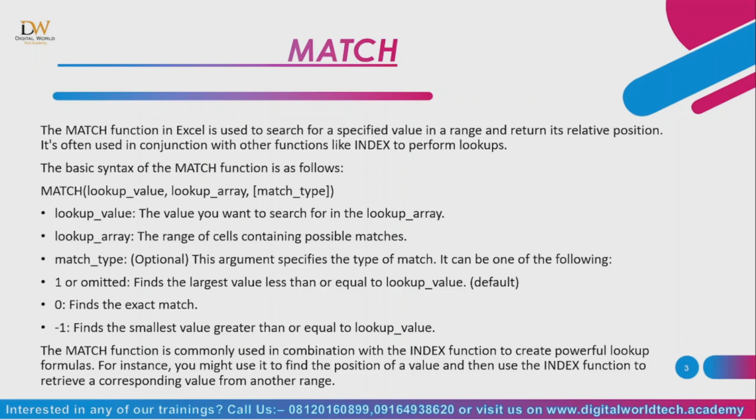We have 3 different match types. 1 finds the largest value that is less than or equal to the lookup value. So basically 1 will give you the value less than what you're looking for or what you picked. Then 0 will give you an exact match, while -1 will give you the value greater than.